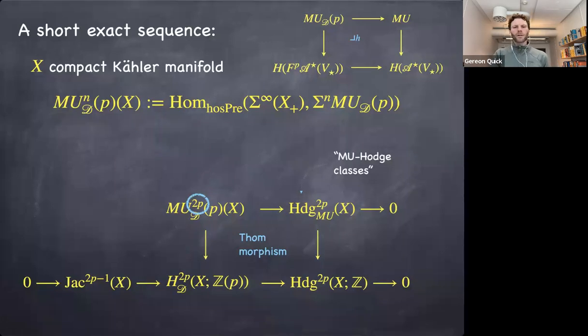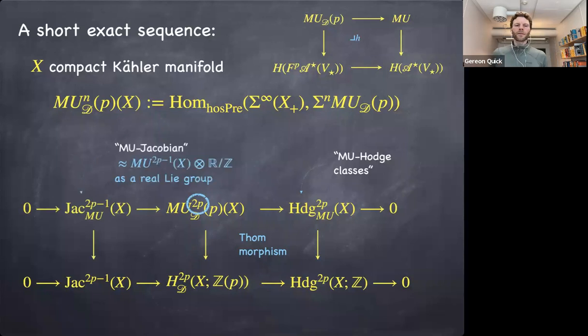So there's not too much interesting going on on that side, but we have this surjective map onto this subgroup. Okay, and now we can again ask what is the kernel. I can just use this as a definition of an MU Jacobian.